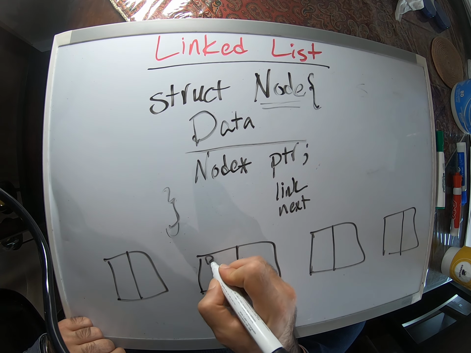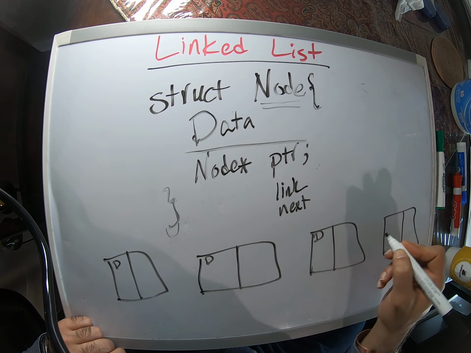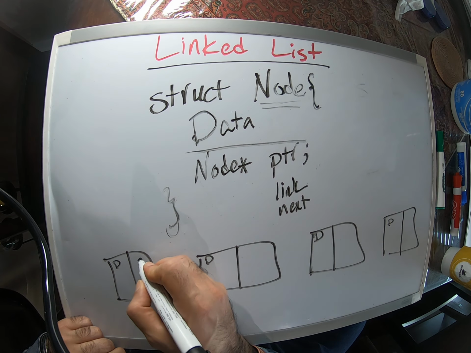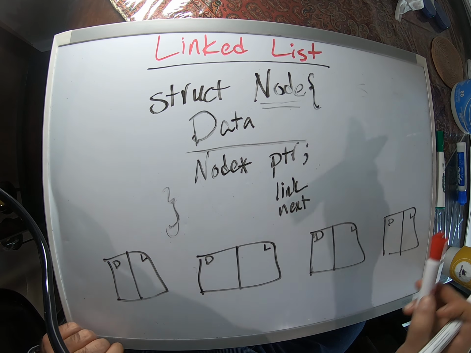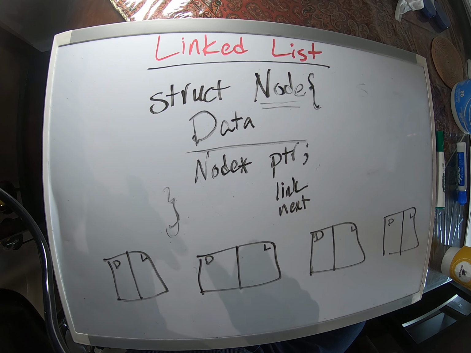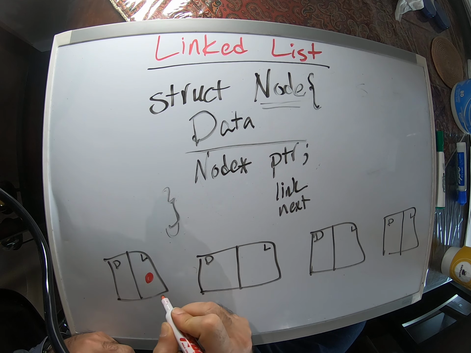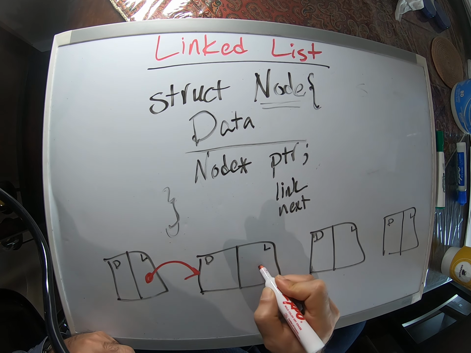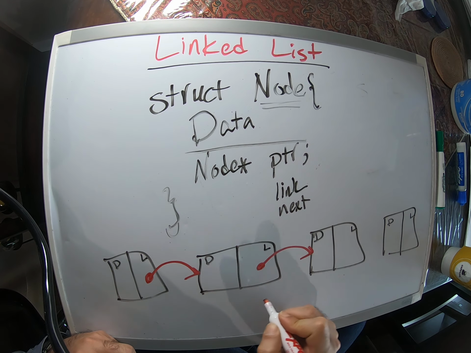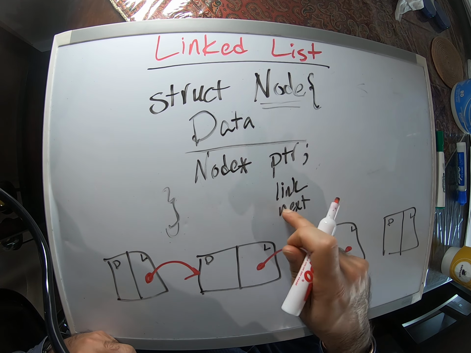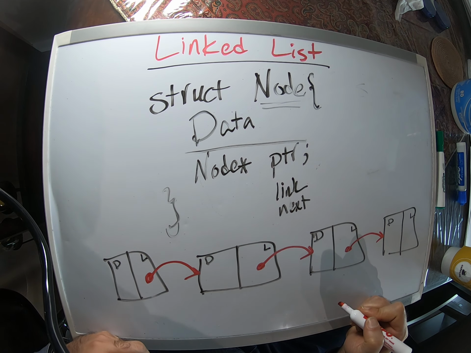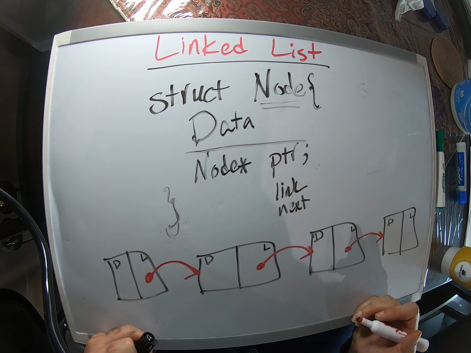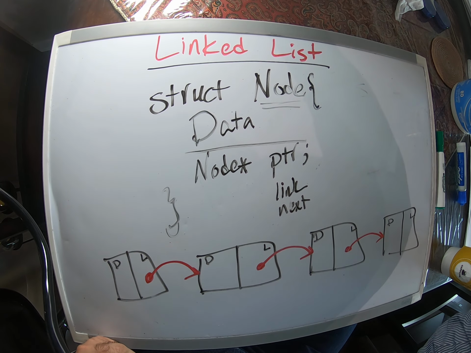One part would be data, and the other part, let's call it link. So what we end up doing is we link the nodes together. We make this pointer, the pointer part of the node, point to this node, right? And this is how we end up with a linked list.